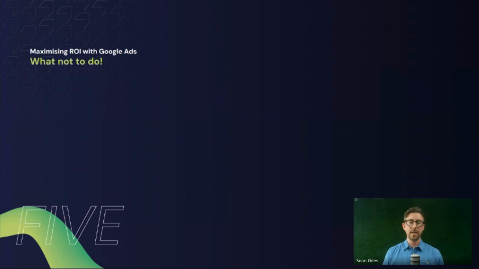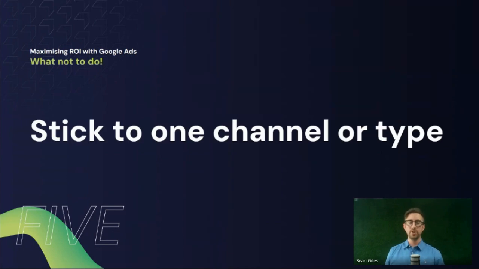So first up is stick to one channel or ad type. This is the reason I asked the question at the start in terms of different channels that you're using. It looks like most people aren't just sticking to one, which is great. So our approach to performance marketing when we're working with clients is nothing's off the table. So it's all about experimenting as much as possible, gathering as much data as you can, and understanding what does and what doesn't work for you as a business.